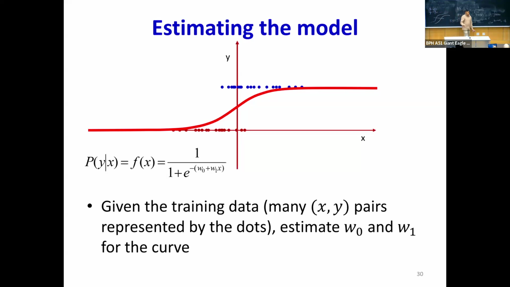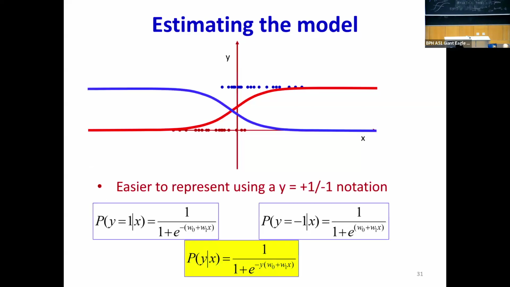So the two classes are +1 and -1. You will see the y on both sides. I can just write this as a common thing: P of y given x is 1 over 1 plus e raised to minus y times w0 plus w1 x. That's making sense to everybody?